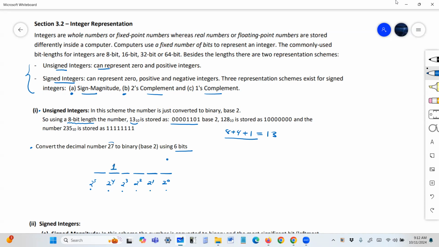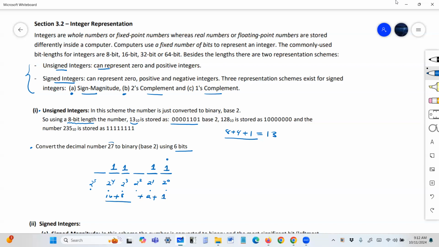I think I need a 1 here for 16, and a 1 here for 8. So this is 16, this is 8, and that gives me 24. So I need 3 more. I need a 1 here for 2, and a 1 here for 1.